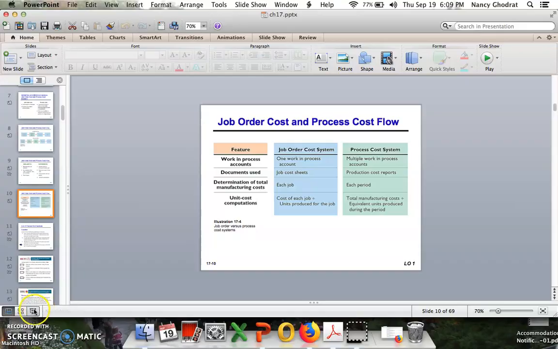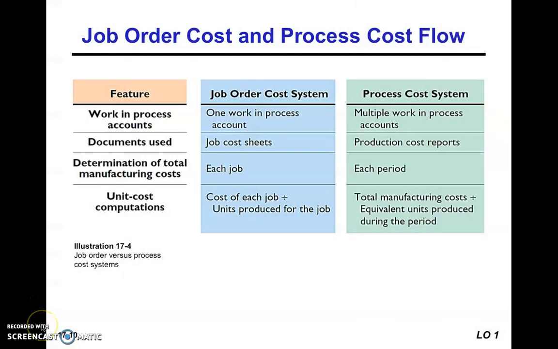In this slide, we're going to go over the difference between job order cost system and process cost system. First of all, as I mentioned, the number of work in process accounts is one of the differences. In a job order cost system, no matter how many jobs you worked on, you had only one work in process account.